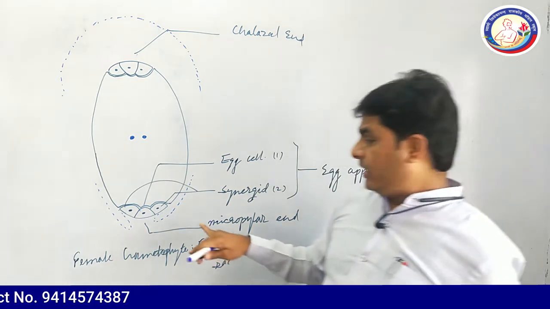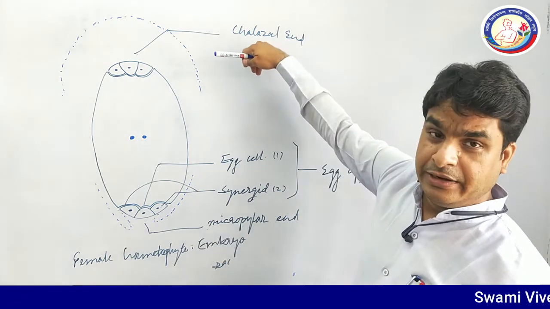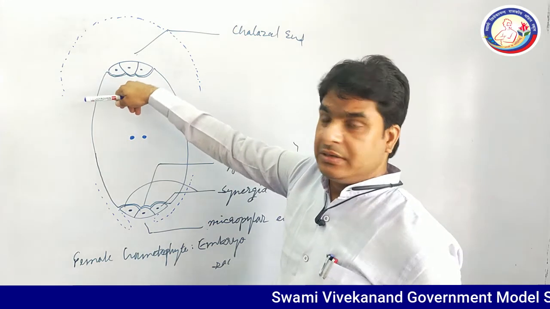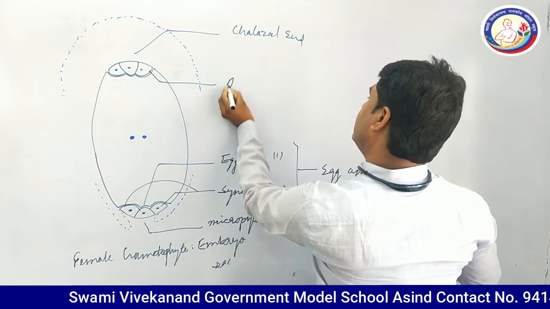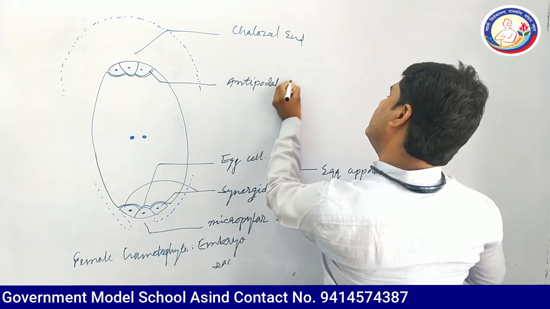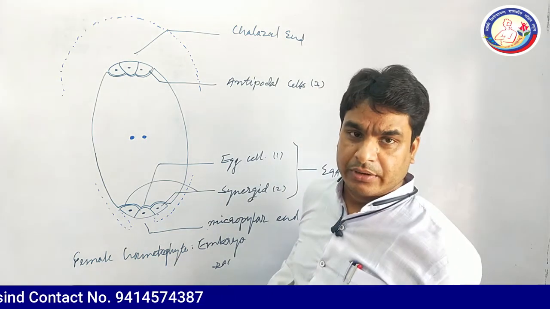While just opposite the micropylar end, at the chalazal end, there are three cells, and the group of these three cells is known as antipodal cells. These are three in number.